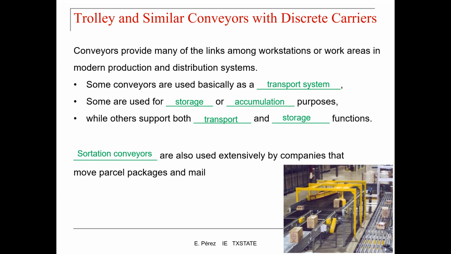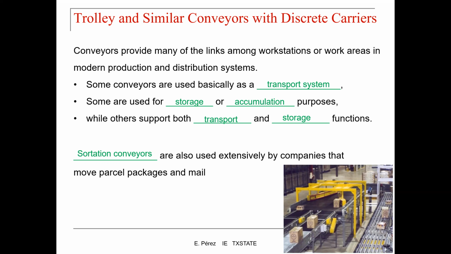Sortation conveyors are also used extensively by companies that move parcel packages and mail. I mentioned in some of our previous videos that companies such as UPS, Amazon, FedEx, use these sortation conveyors to distribute the items.